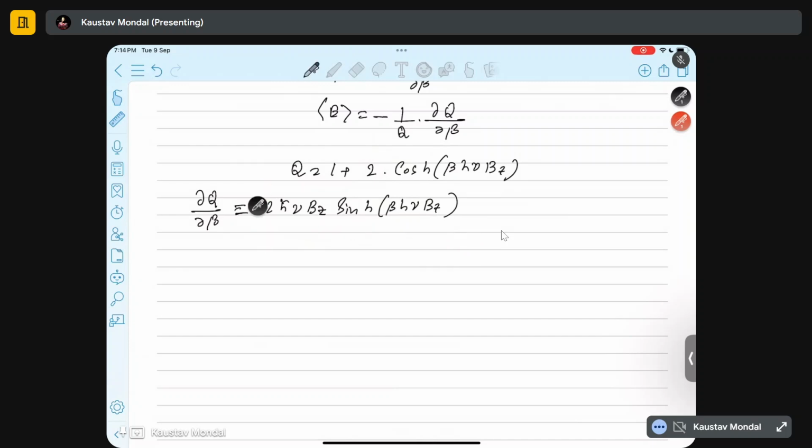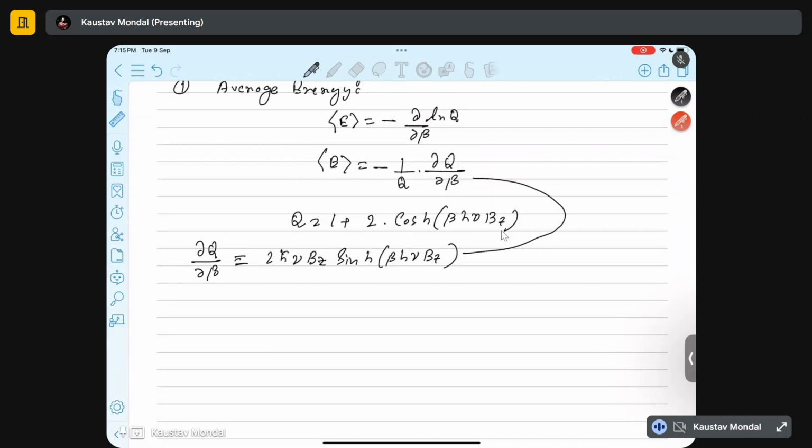Now we need the average energy, right? So for the average energy, just substitute this del q by del beta in the expression of the average energy, as you also know the expression of q.